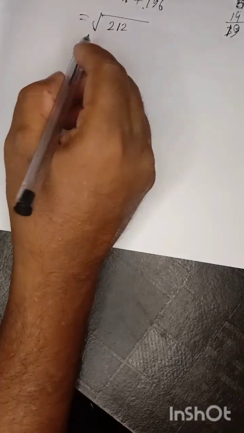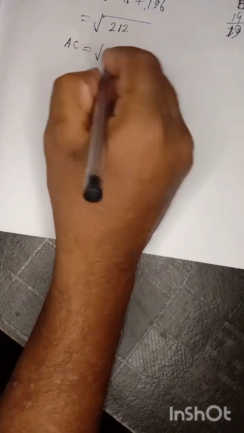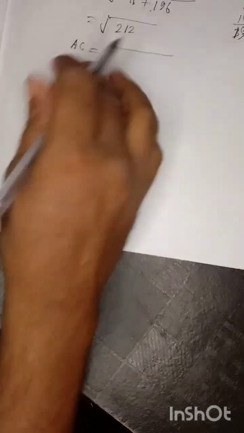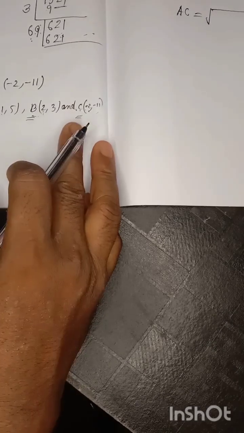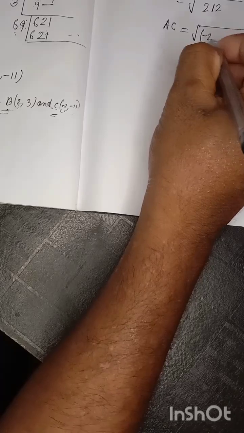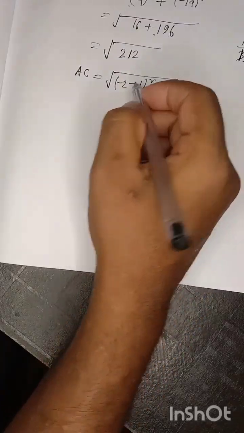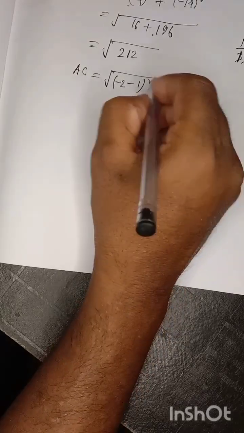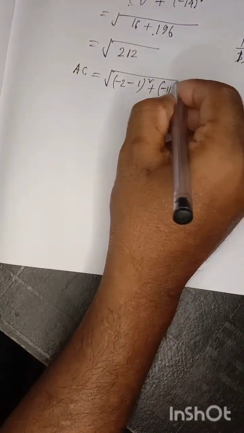Now we have to find out AC. AC is equal to, for A and C, you have to take the first point as A and the second point as C. So AC becomes minus 2 minus 1 whole square plus minus 11 minus 5 whole square.